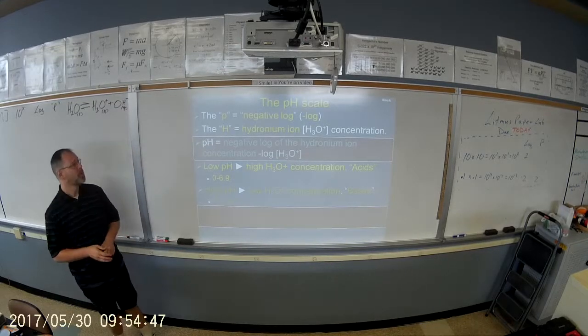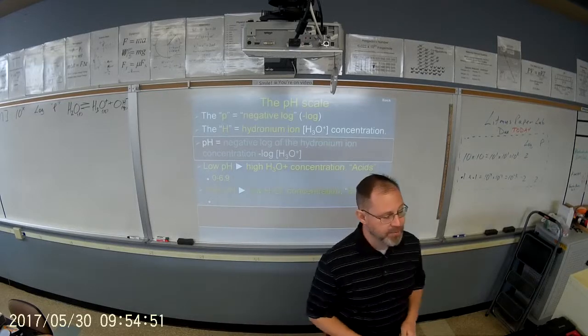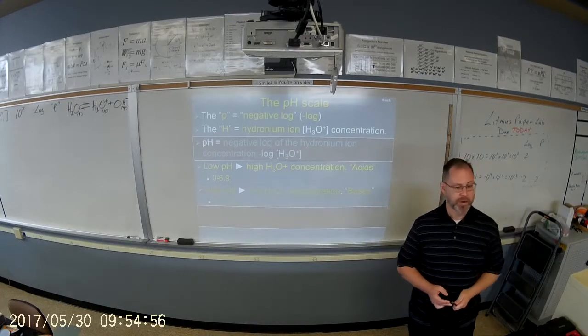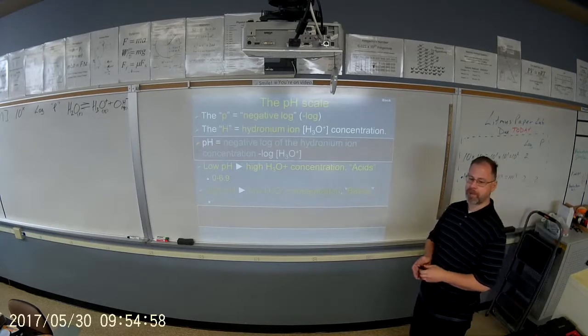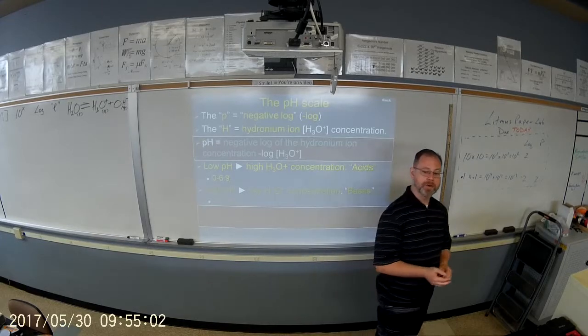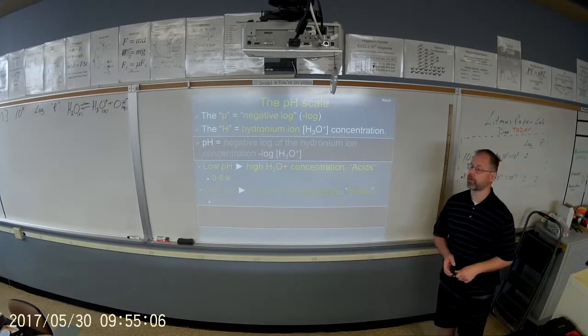The P part of pH, no one really knows why it's P, but it is. The P of the pH stands for negative logarithm. You should have encountered logarithms over the last year or so in your math classes, and we're going to review what a logarithm represents. Logarithms are base 10 exponents.